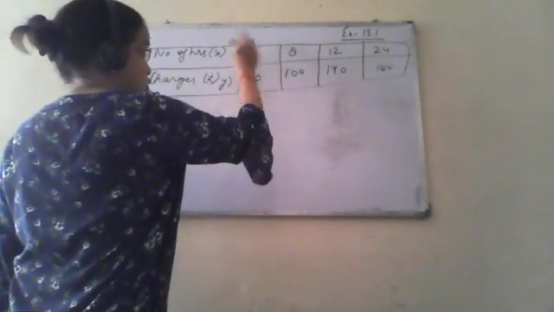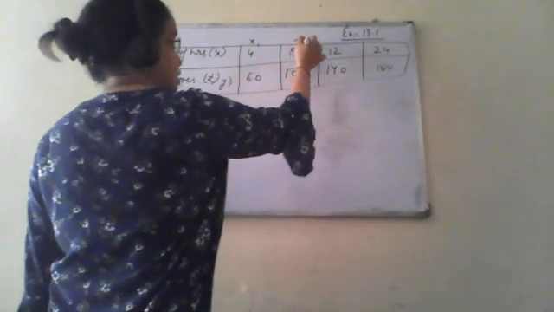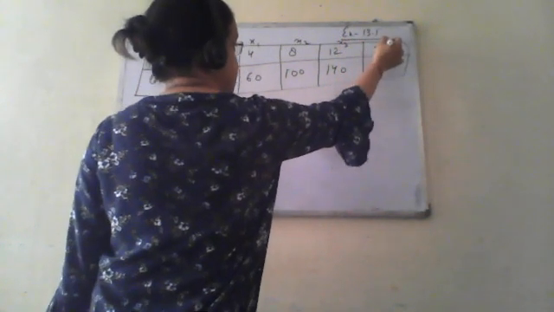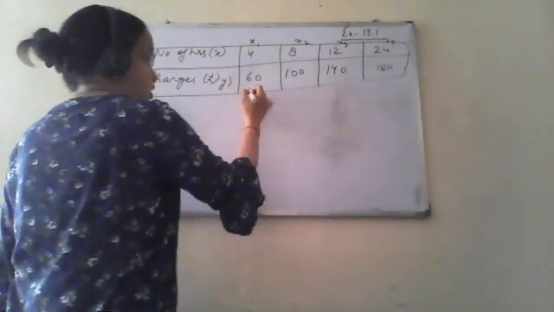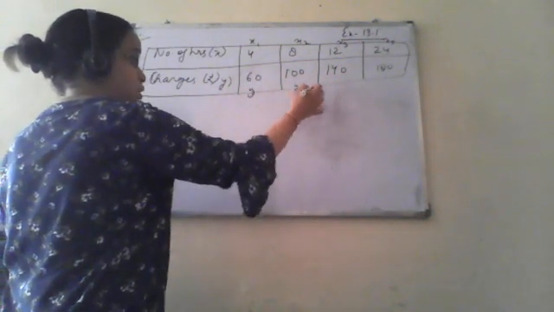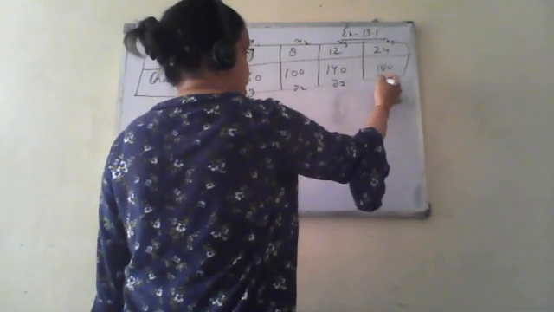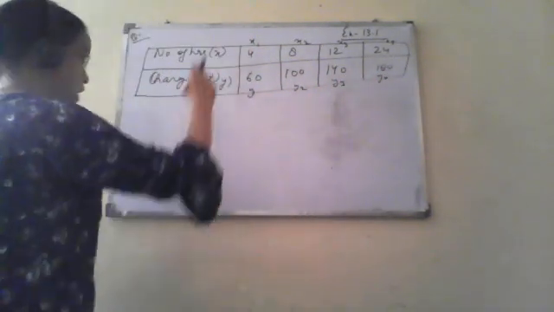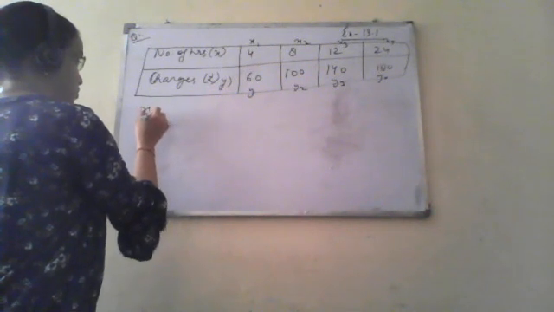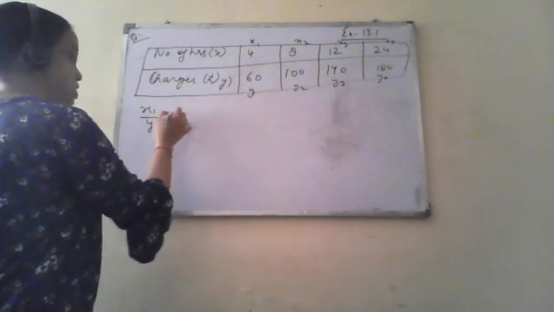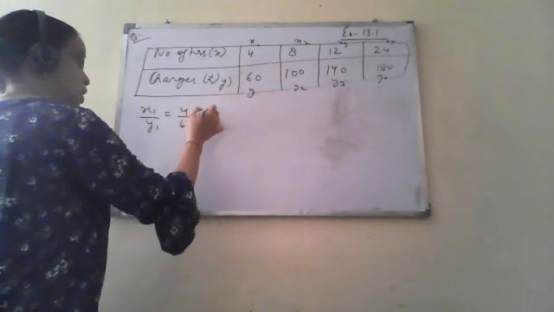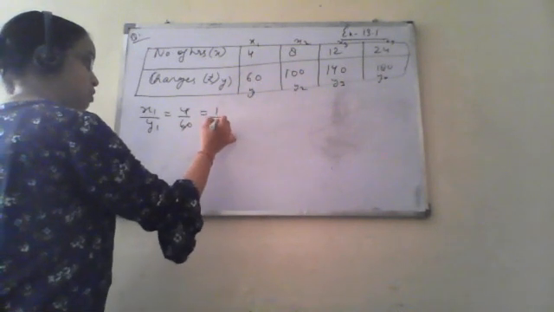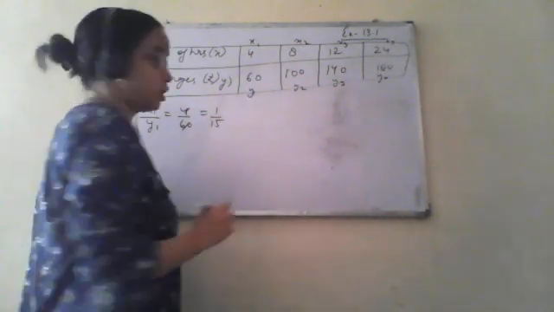So corresponding to x, this is x1, this is x2, this is x3, this is x4, and this is y1, this is y2, this is y3 and y4. So we have to calculate x1 upon y1 first. So x1 upon y1 is 4 upon 60. It comes out to be 1 upon 15. Okay.